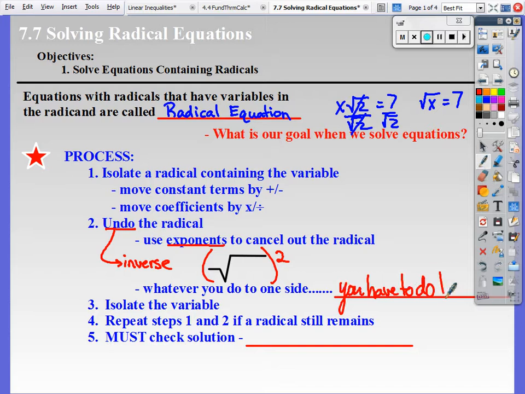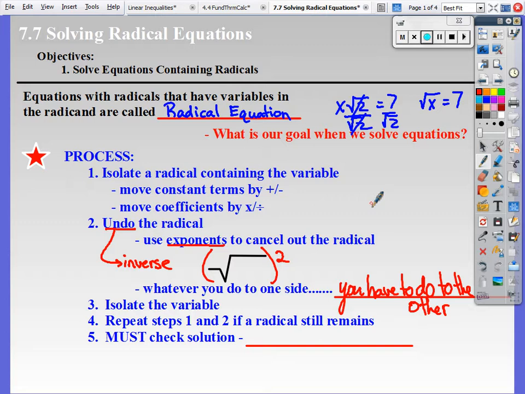This is important because once we square the left side of the equation, we're going to have to square the right side of the equation, or if we cube the left side, we have to cube the right side. Whatever you do to one side, you've got to do the other. That's pretty common when we talk about equations, keeping it balanced.